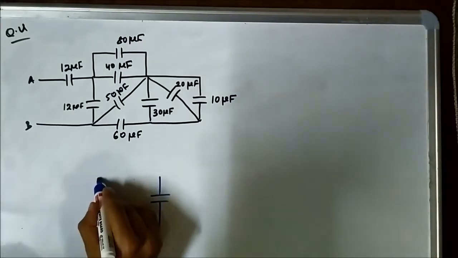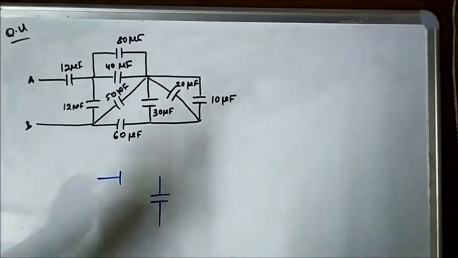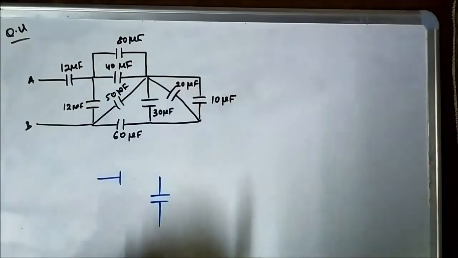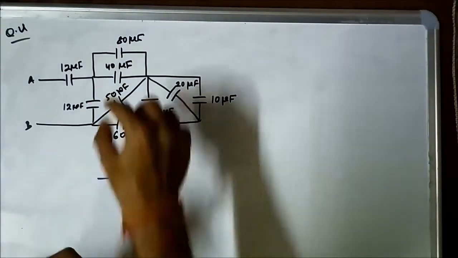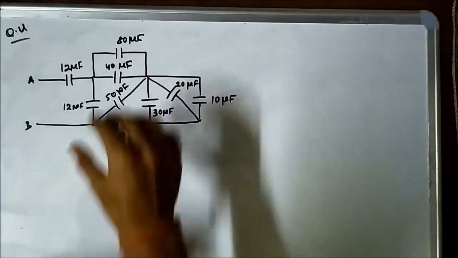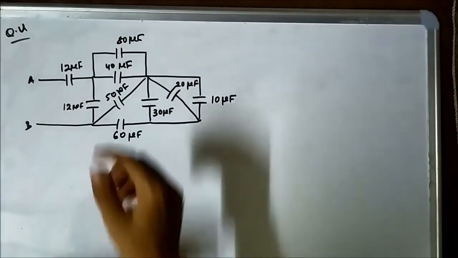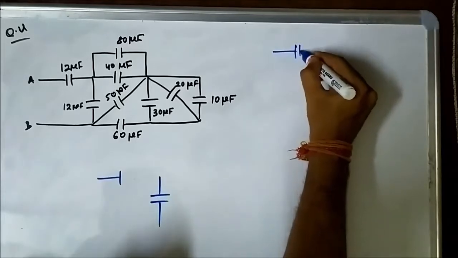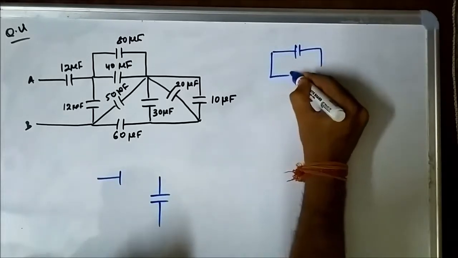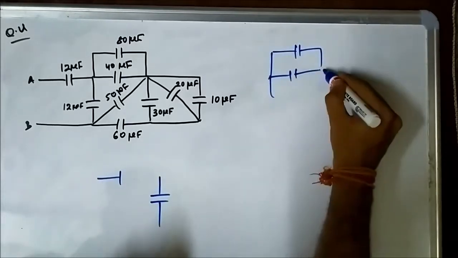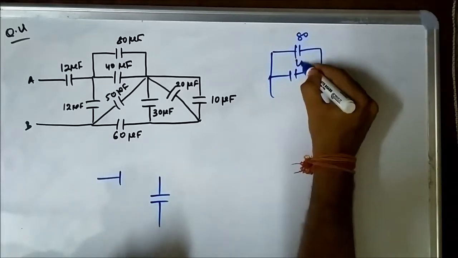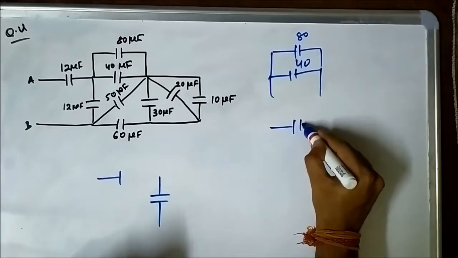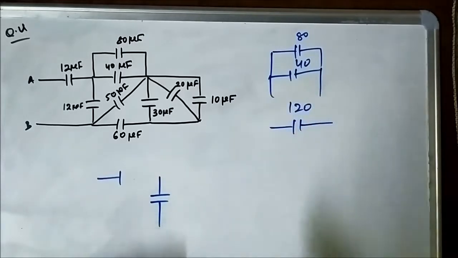Now again let us just do it in one step. These two capacitors, 80 microfarad and 40 microfarad, are also connected in parallel. So the total capacitance of this combination will be simply the addition, that is 120 microfarad.